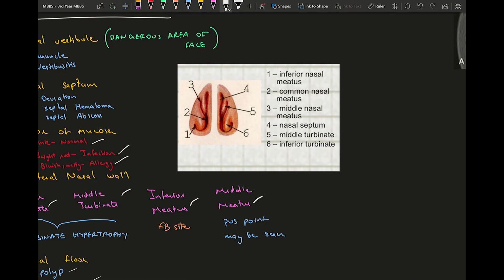You can see the inferior meatus over here, and then this will be the inferior turbinate. This will be the middle turbinate, and then here's the middle meatus, and then this will be the nasal septum, on both sides.